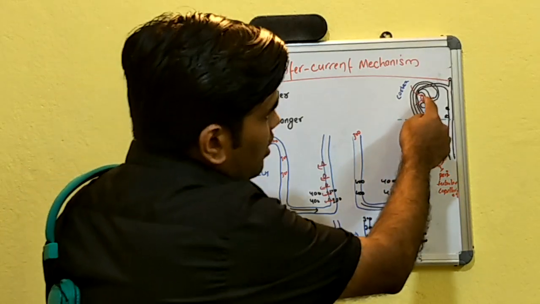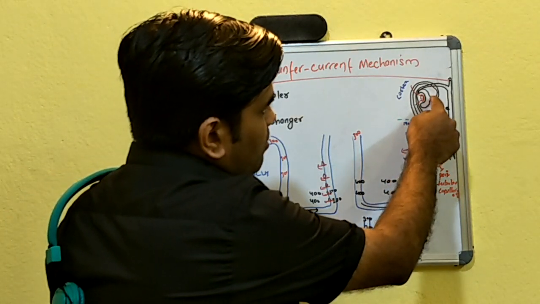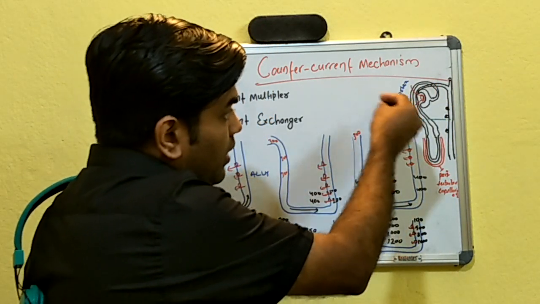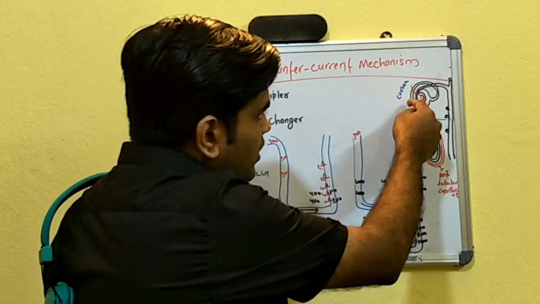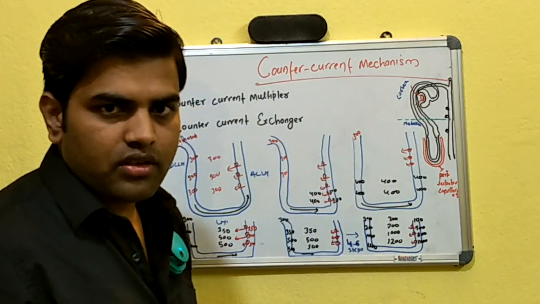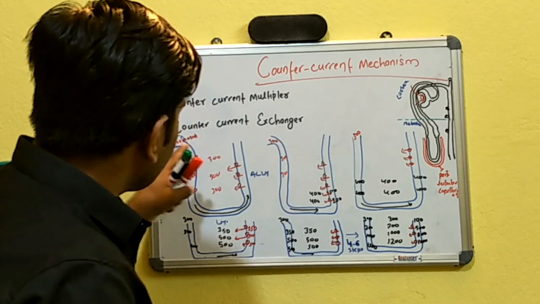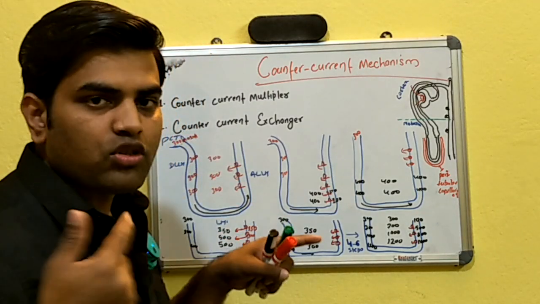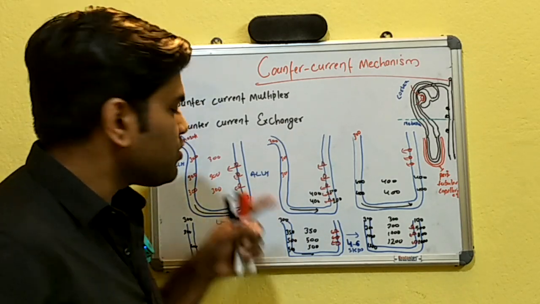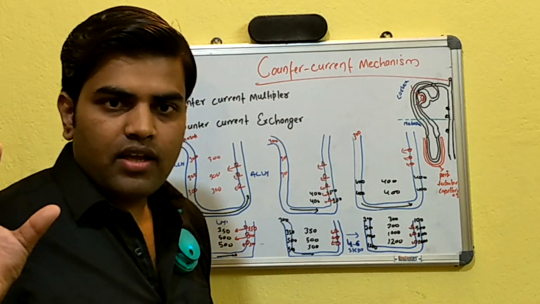Now the 125 ml of GFR goes into the PCT. In the PCT, absorption will occur. After absorption, a maximum of water is absorbed, and that is isotonic. Plasma osmolality is 300 milliosmol per liter; you know it is average 295 to 300, which we approximate as 300 milliosmol per liter.